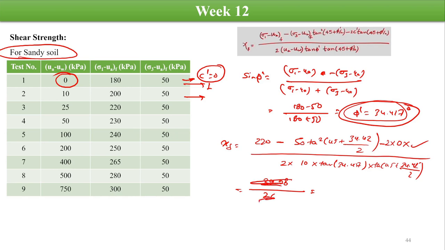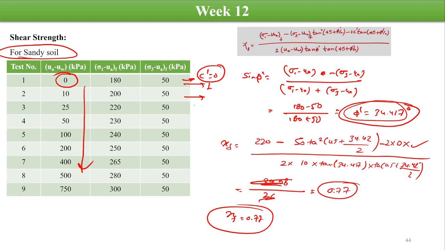So if we recalculate again, then you might be getting a value of xi f of 0.77. So as the matrix suction will increase, this xi f value should decrease, right? Please do solve it once to see if the answer is correct.